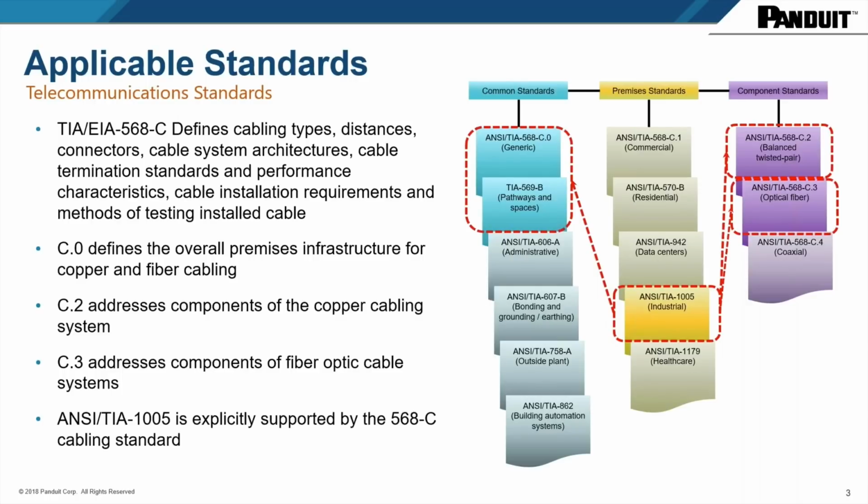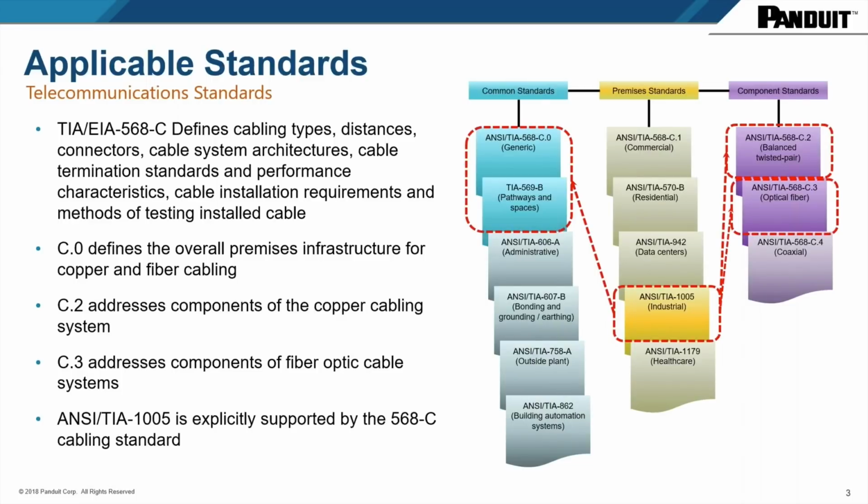So the C0 version defined the overall premises and how infrastructures are laid out. Versions C1 and C2 address different things. So C1 addresses commercial and C2 addresses how twisted pair connectivity in the copper side is used.